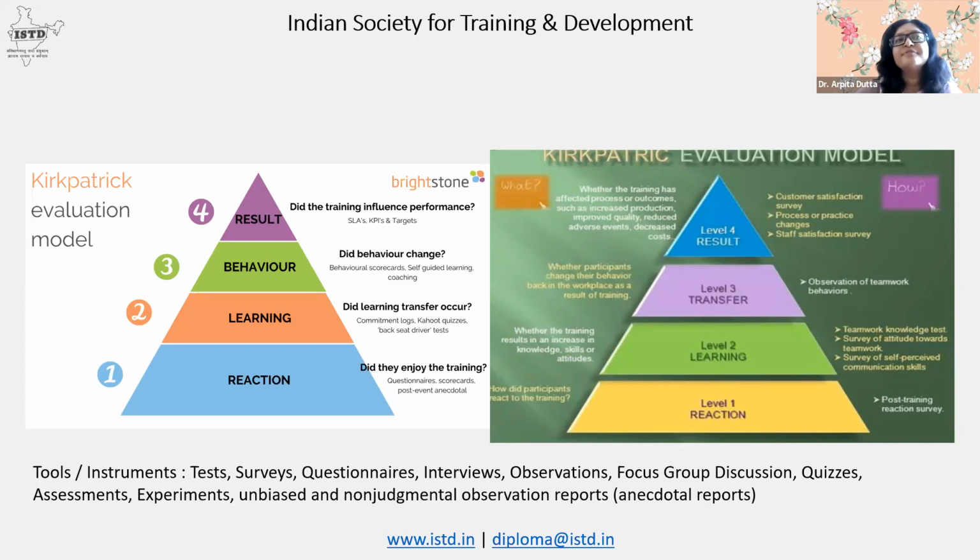But it will give you a superficial idea, okay, it's going on well. All right, so did you enjoy the program? So you can have questionnaires, you can have scorecards, you can have observation reports. Okay, anecdotal is nothing but the observation reports, non-judgmental ones, unbiased ones. So this you can understand through the reaction level.